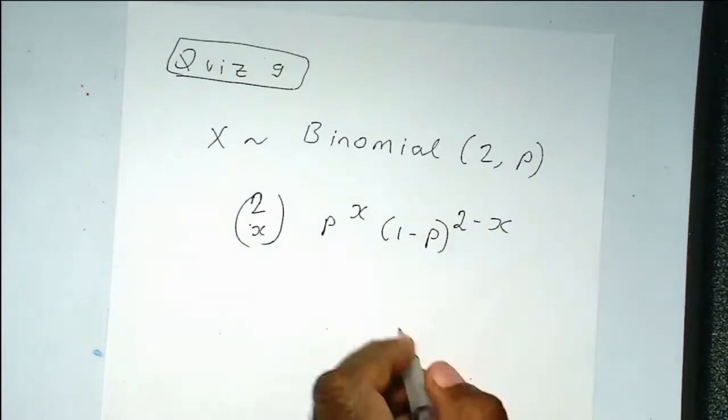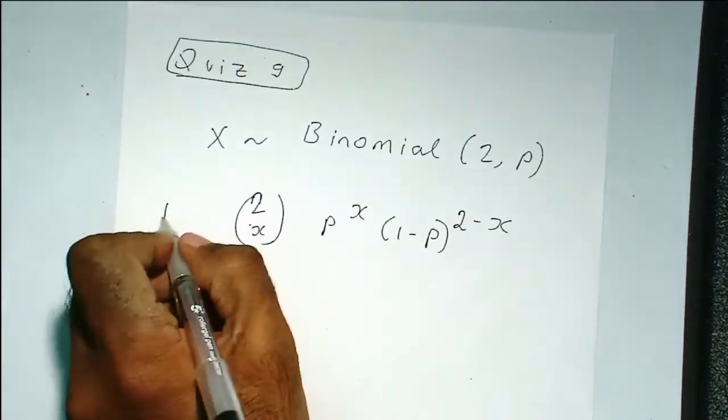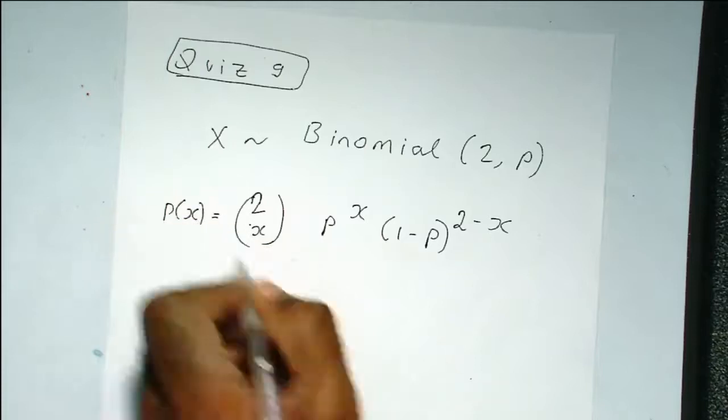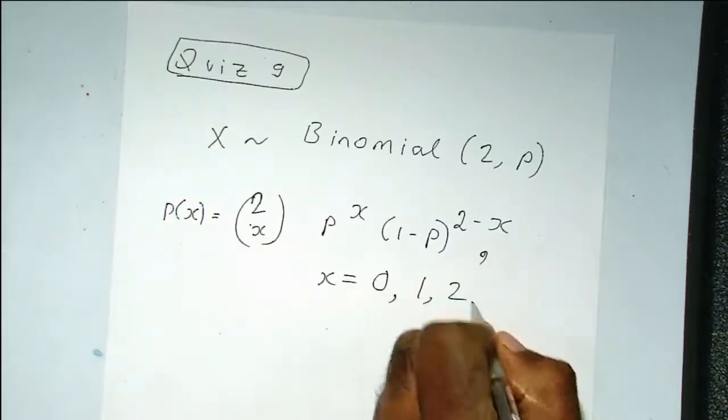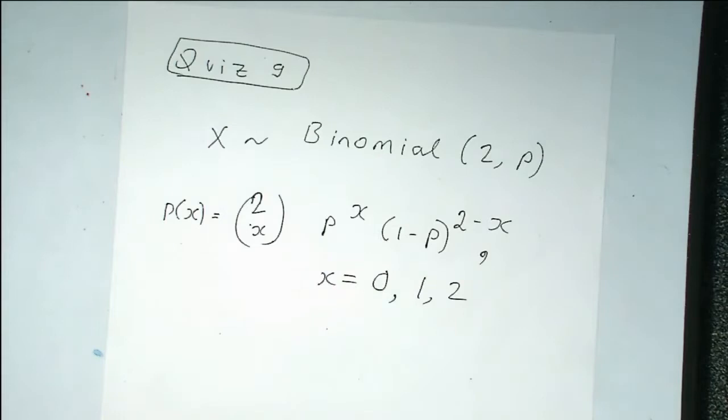This is the PMF. So the possible values can be either 0, 1, or 2. There are only three possible values for the random variable.